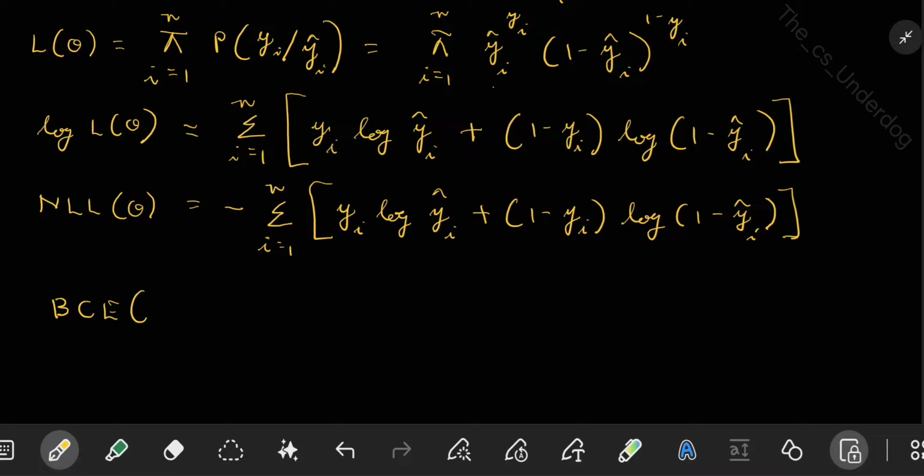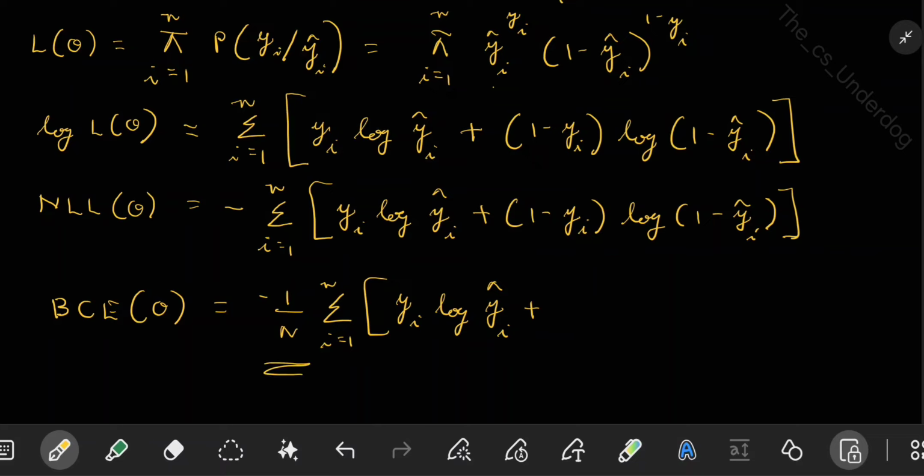BCE of theta, binary cross entropy loss, will be minus 1 by n into sigma i equal to 1 to n of yi log yi cap. I'm just copying whatever I wrote here, and I just put 1 by n in front.